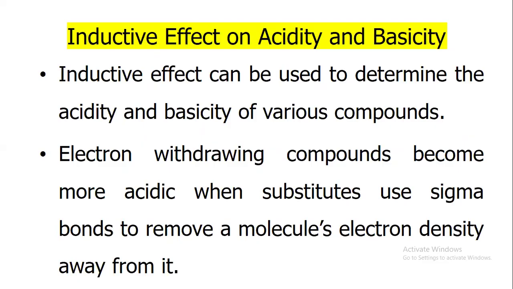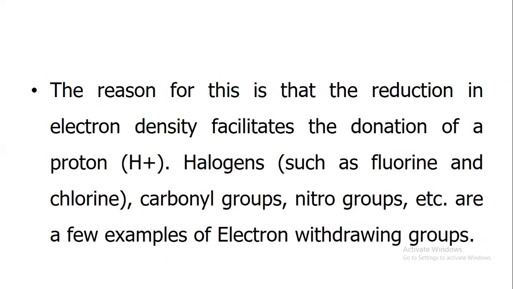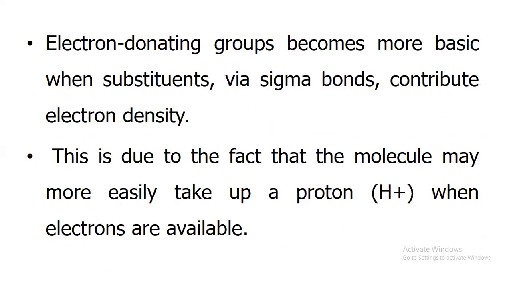Inductive effect on acidity and basicity. Inductive effect can be used to determine the acidity and basicity of various compounds. Electron withdrawing substituents make compounds more acidic, as they use sigma bonds to remove electron density away from the molecule. The reason for this is that the reduction in electron density facilitates the donation of a proton. Halogens, carbonyl groups, and nitrogen groups are a few examples of electron withdrawing groups.